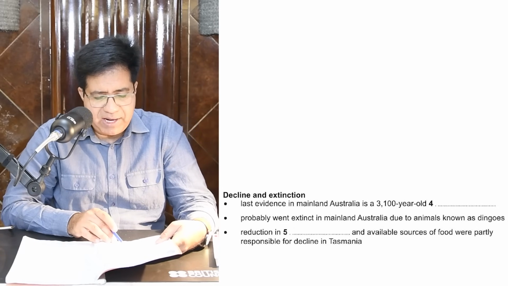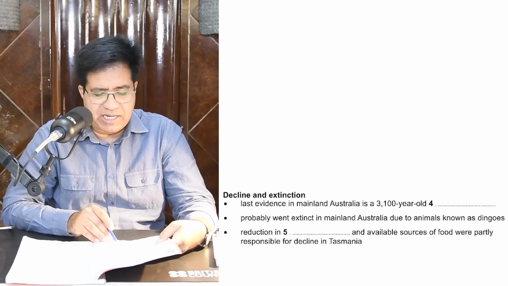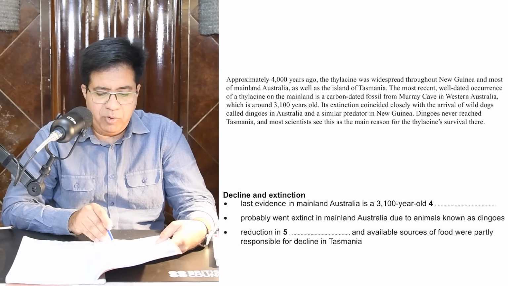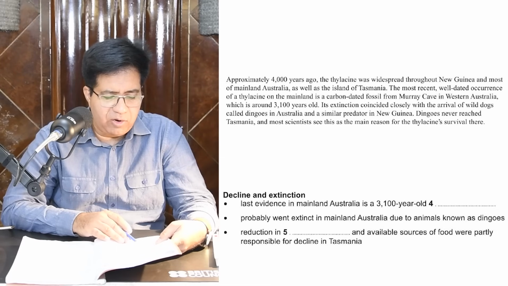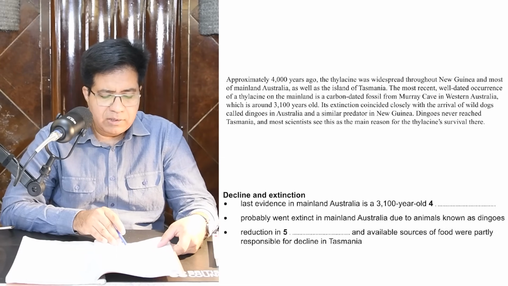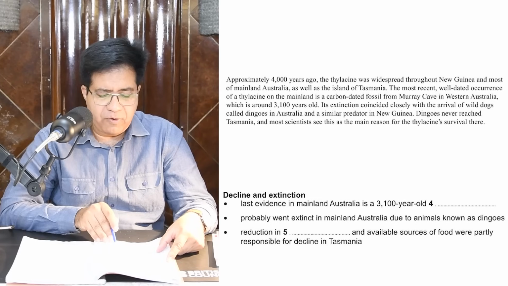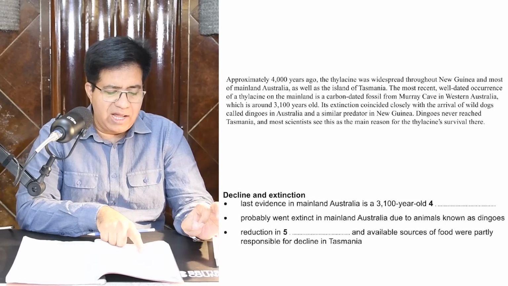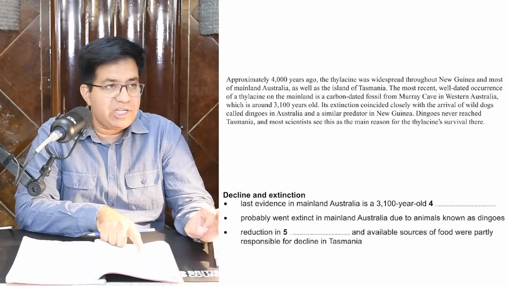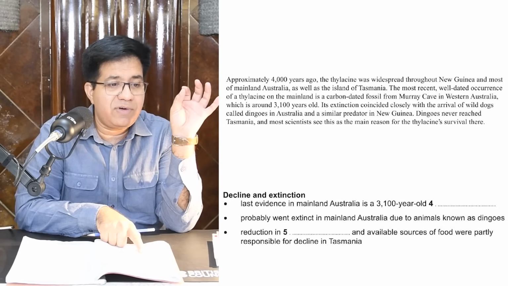So it's the last paragraph and I'm going to read it from second line after full stop. The most recent, well-dated occurrence of a thylacine on the mainland is a carbon-dated fossil from Murray Cave in Western Australia, which is around 3,100 years old. Now tell me, what is 3,100 years old?